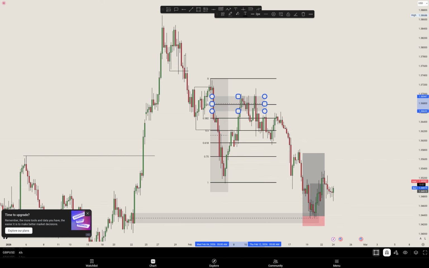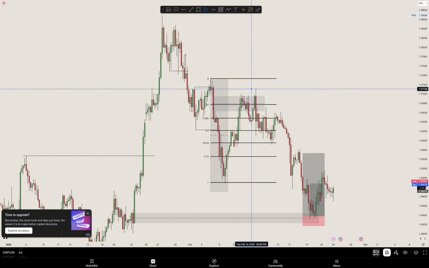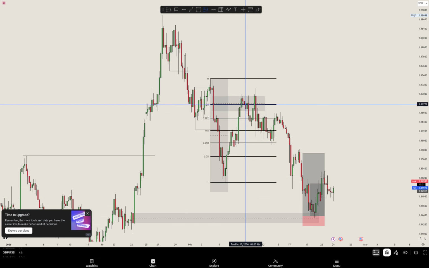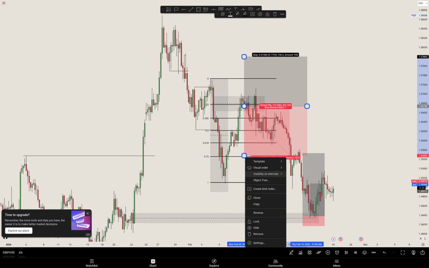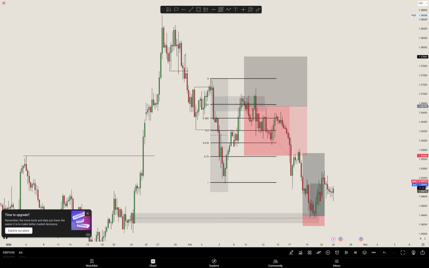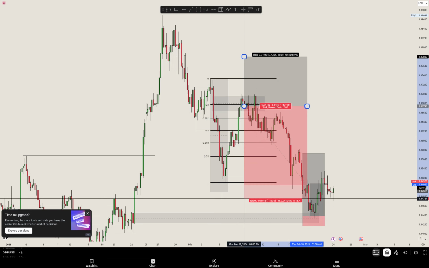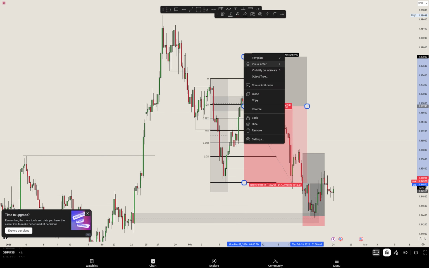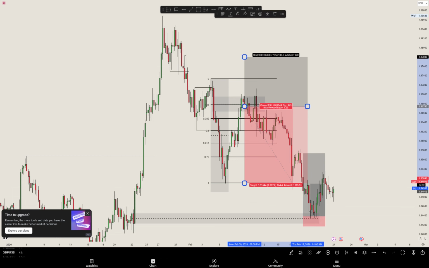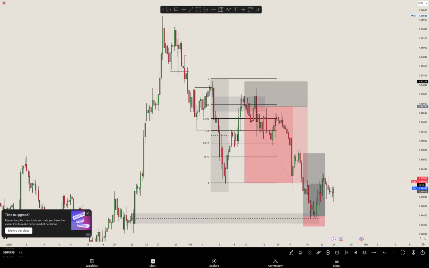Now you can place your entries from this FVG. You can place your entries here from the FVG. Target the low, and your SL will be here.